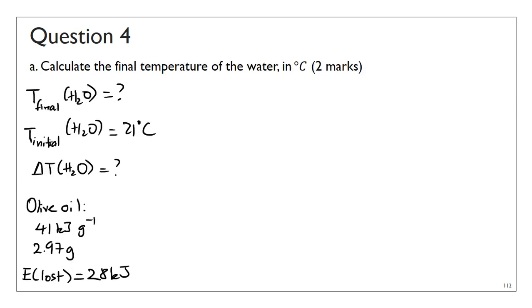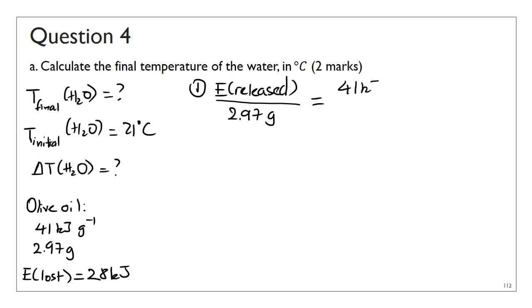All right, so the first thing I'm going to do for this question is find the actual amount of energy released from the combustion of olive oil. And I can do that by just using the heat of combustion and the mass. So basically, we're working out the energy release when we're burning 2.97 grams of the fuel. And we know that 41 kilojoules of energy is supposed to be released if you burn a gram of the fuel.